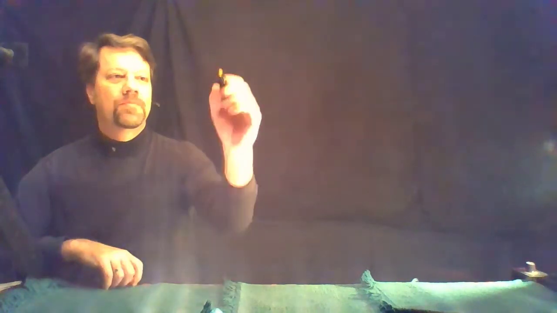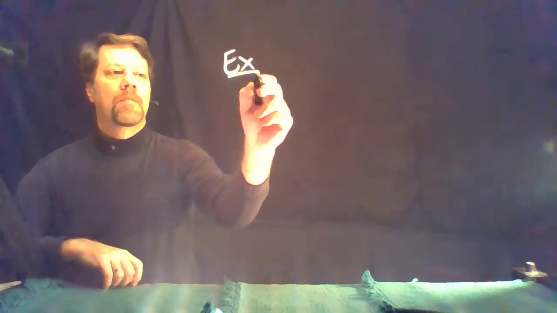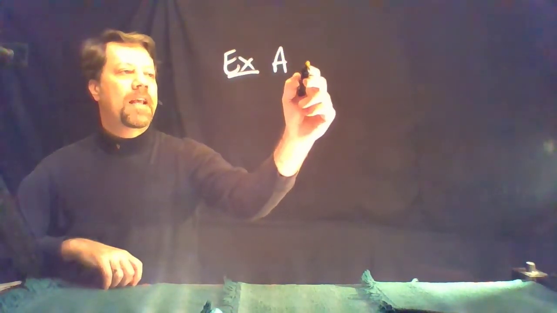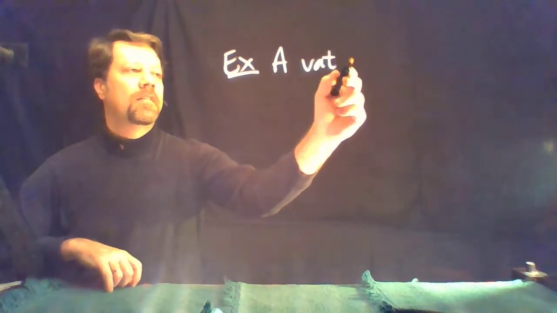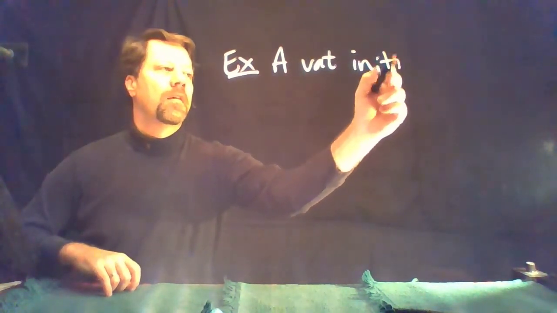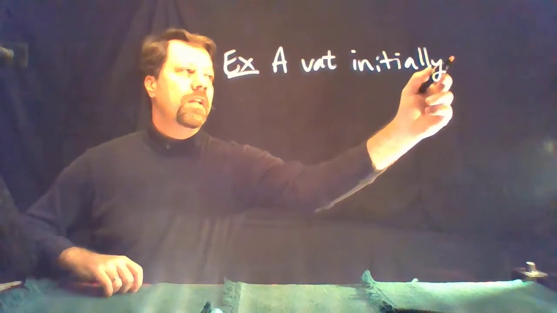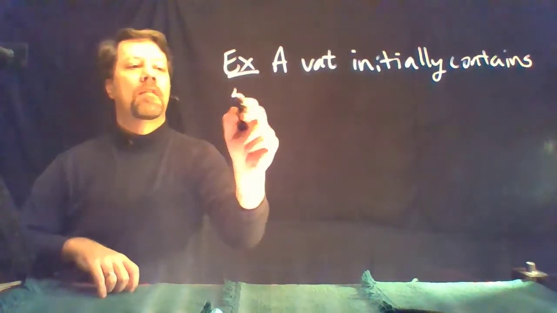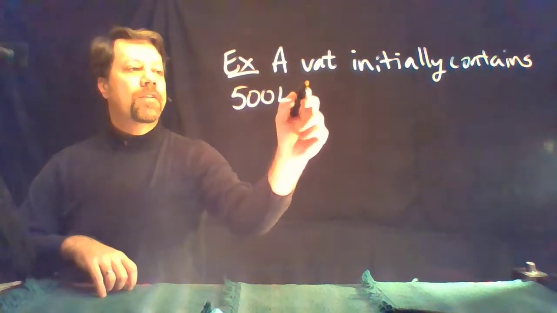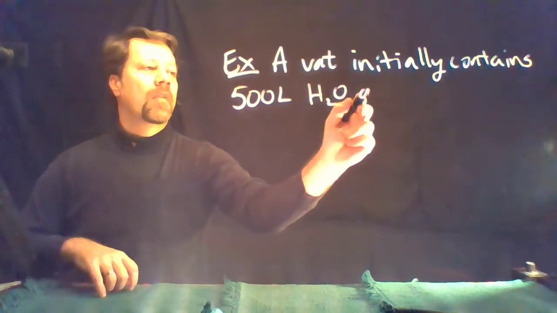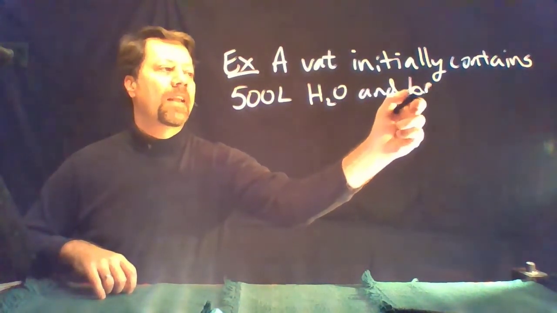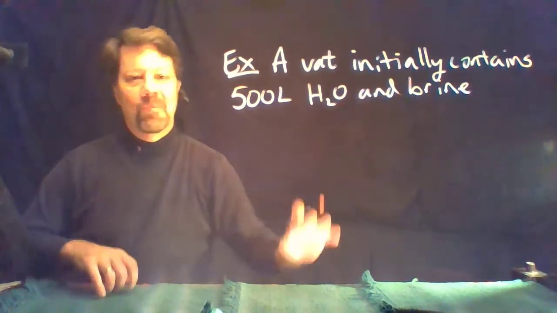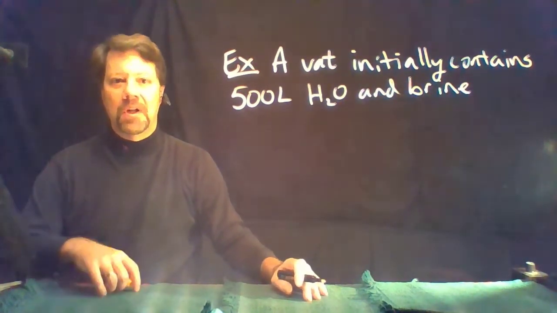For example, suppose that a vat initially contains 500 liters of water and brine, which is salt water.